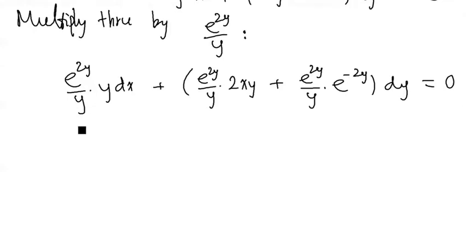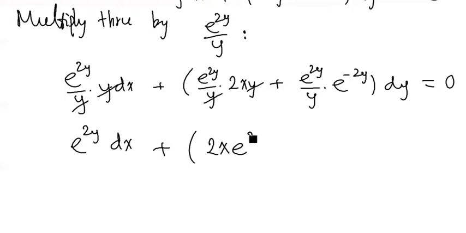Simplify and cancel the y to get e to the 2y dx plus, canceling the y, we have 2x e to the 2y, plus e to the 2y times e to the negative 2y becomes e to the 0, which is 1. So 1 over y dy equals 0.